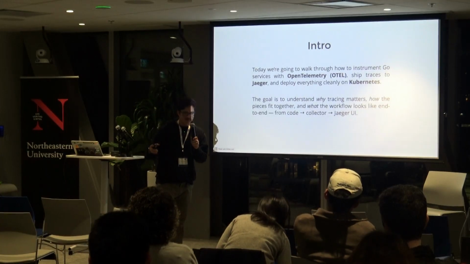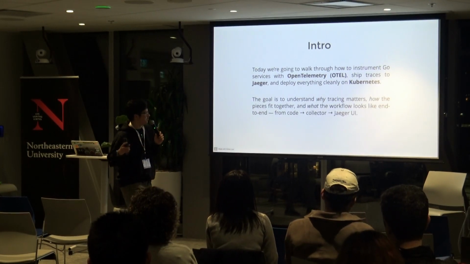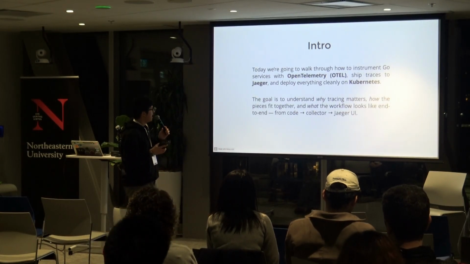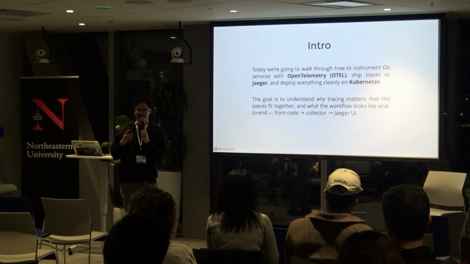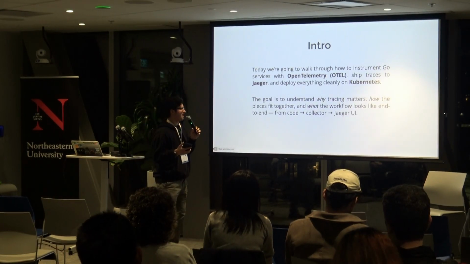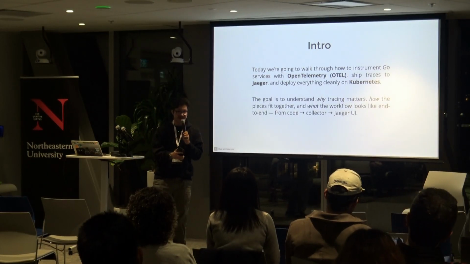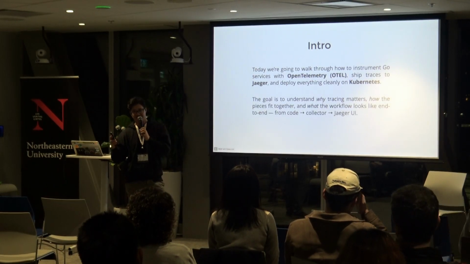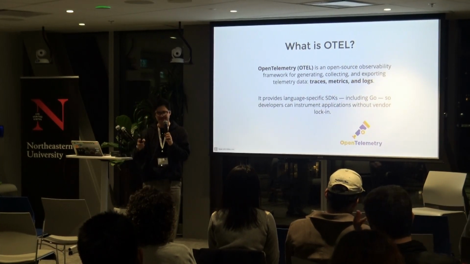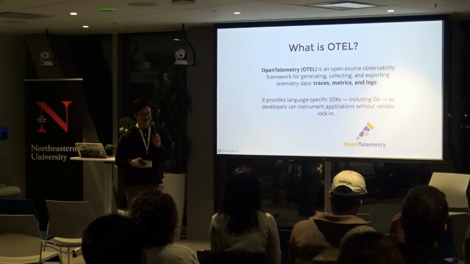And the goal, like after you leave this venue tonight, what I would like to transfer to you is why tracing matters, then how all the pieces fit together, which is really important, and then how the workflow looks like end to end, from the Golang code to the collector in OpenTelemetry, and then all the way to the UI in Jaeger. And sorry if I'm not consistent with my pronunciation for Jaeger. I'm gonna be probably changing the name a couple times.